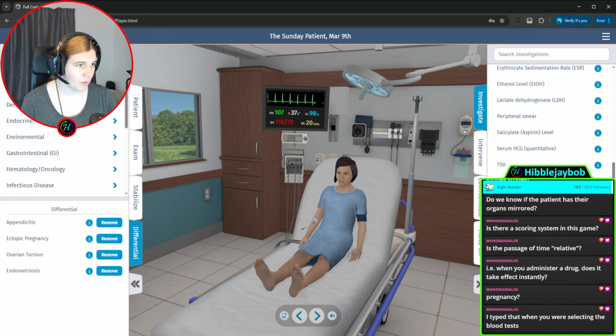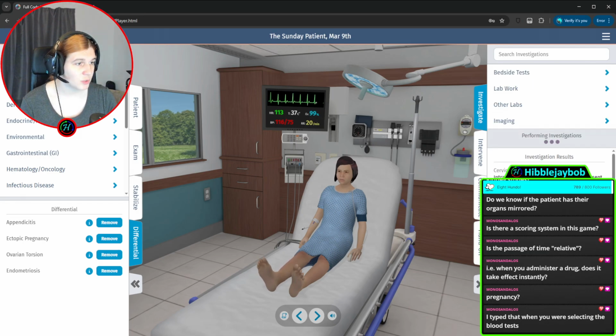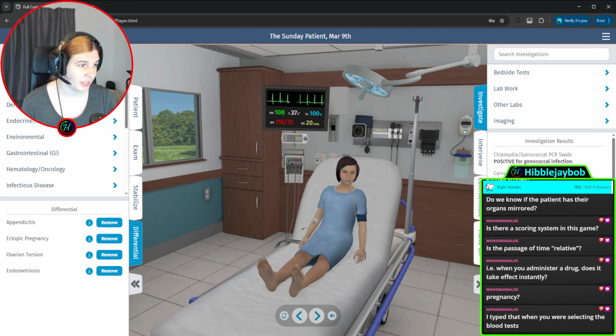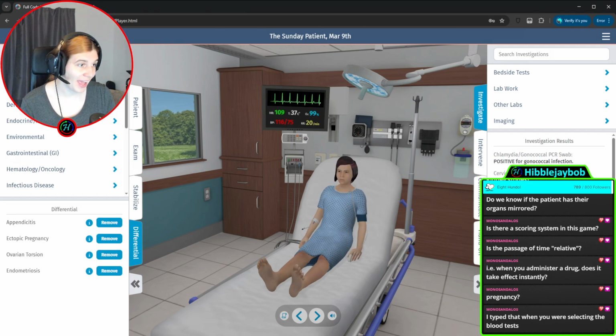Okay, let's perform these tests and see what we're working with. So the CRP is raised, which is a very big indicator of... okay, alright. So we do have genital infection. Right. So we've got gonococcal infection, and we have gram-negative diplococci present on the cervical swab.